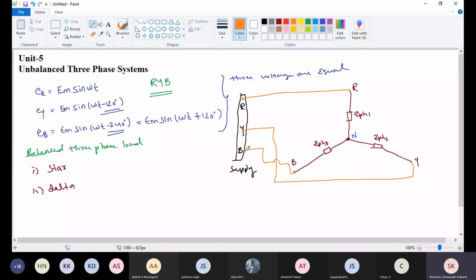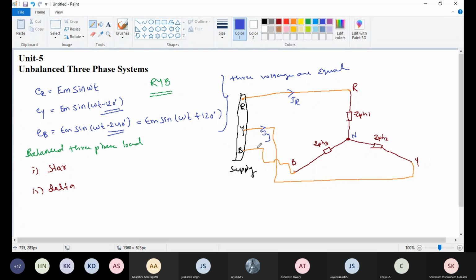Due to this supply, current flows in the lines. The connection between supply and load terminals I call a line. So due to that supply, the current will flow. This current is IR, then IY and IB.